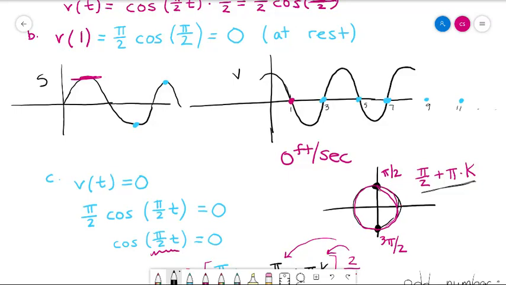That would be when we have a positive rate of change, when we're increasing. So for part D, the particle is moving in the positive direction when our function is increasing. Those are all the moments where our velocity is positive.